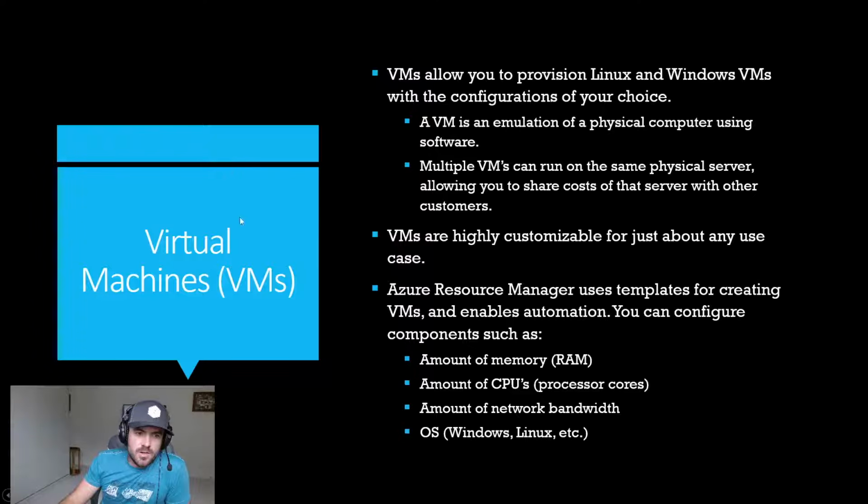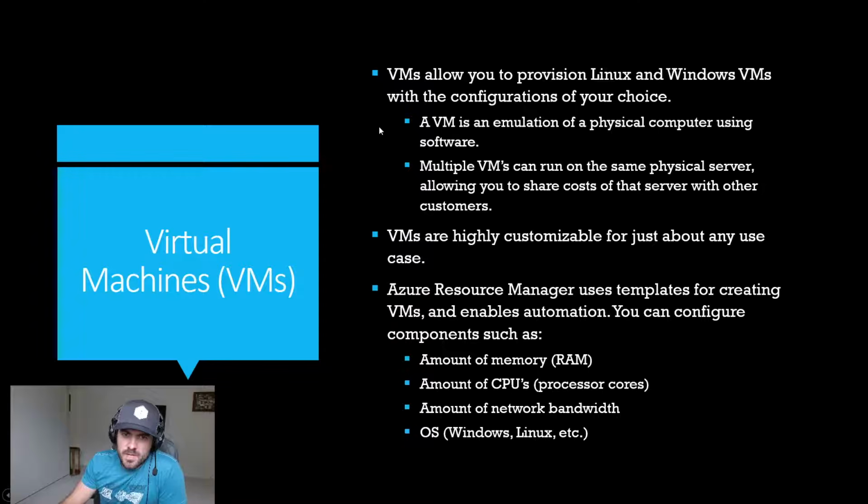Okay, so virtual machines, we're pretty much always just going to refer to them as VMs. It's easier, it's faster, it's what Microsoft does, so that's what we're going to do. So VMs allow you to provision Linux and Windows VMs with the sort of configurations of your choice.